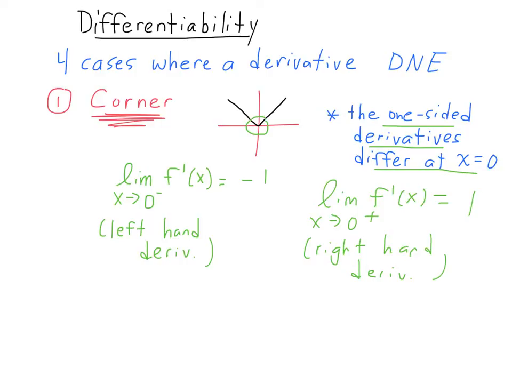So they don't match up at 0. So the idea here is we say the derivative does not exist because we have this sharp turn, also known as a corner. All right, so why don't you jot down that this sometimes is referred to as a sharp turn.